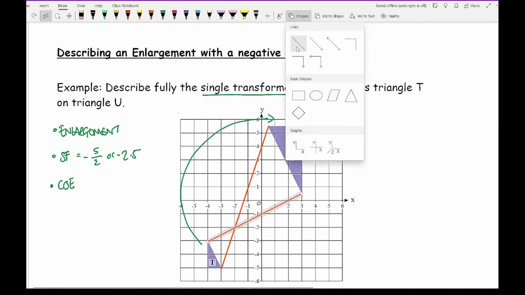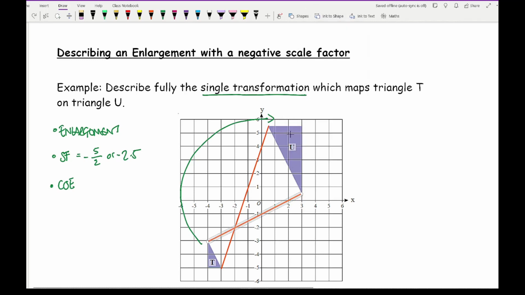If I do all 3 vertices, and again make sure that you're going for the corresponding ones, you can see that all of them meet at this point here, so that is my center of enlargement. Then I need to make sure that I write that as a coordinate, which in this case is -2, -2.